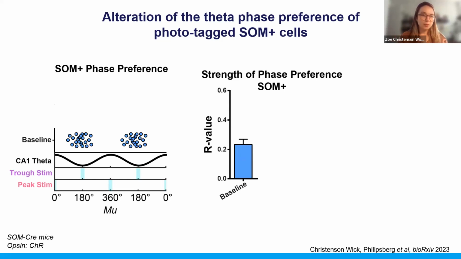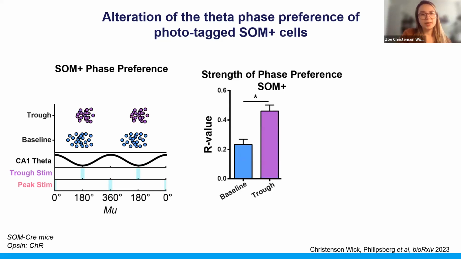So in these optotagged somatostatin expressing neurons, they show really nice clustering for phase preferences around or near the trough of theta. In the bar graph on the right, you can see how strongly coupled their firing is to one particular phase, which is reported as an R value.